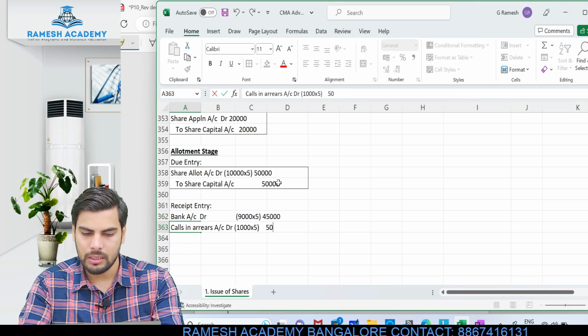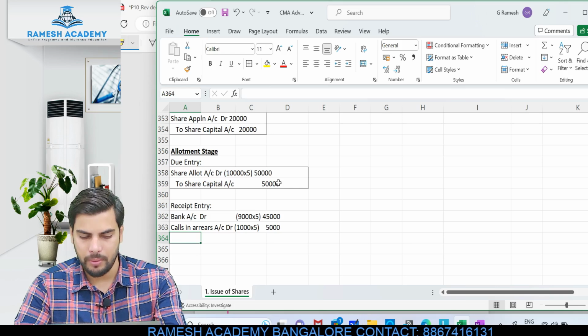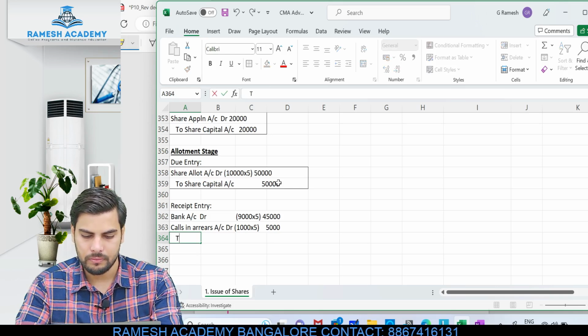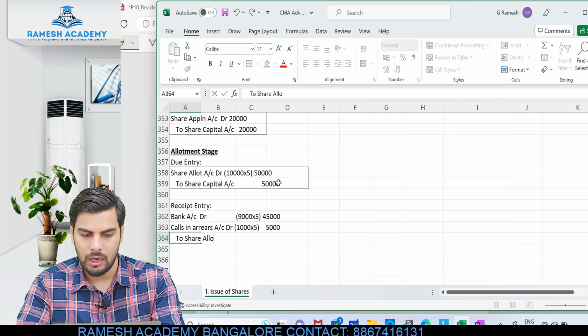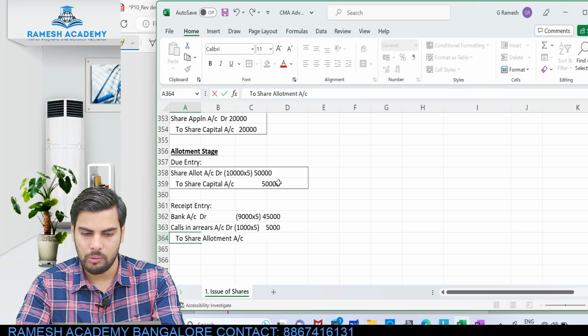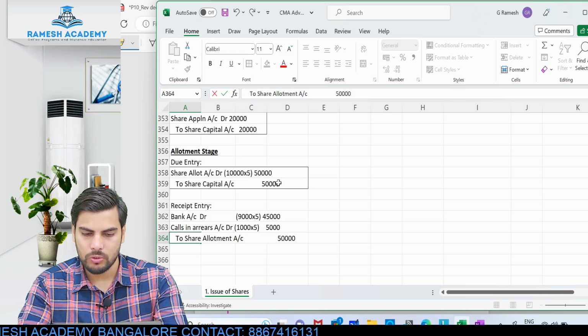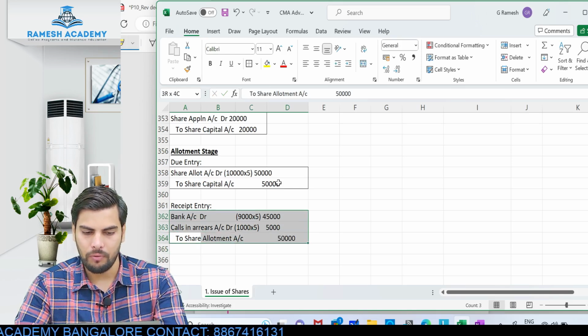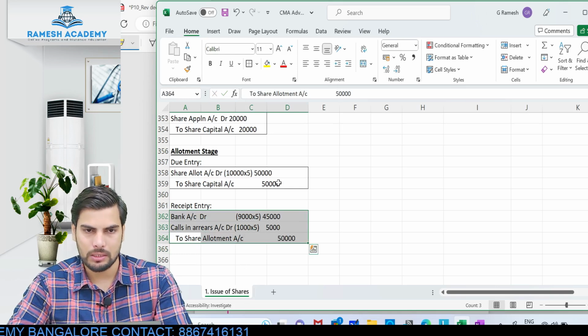Calls in arrears account is receivable, therefore I will be debiting it, to share allotment account. Totally I was supposed to receive 50,000 at the time of allotment. So this is how we'll be passing the journal entry.